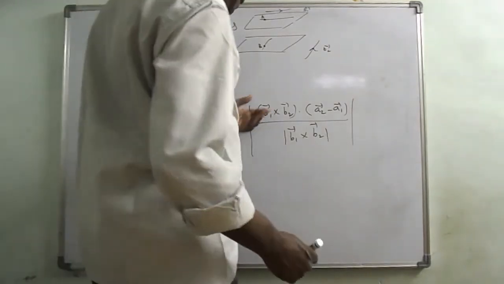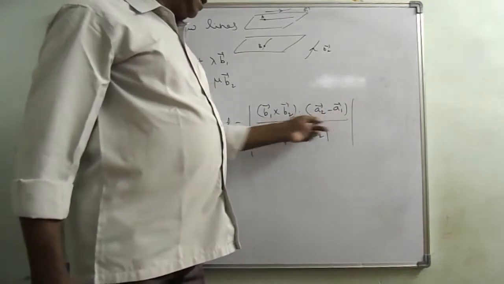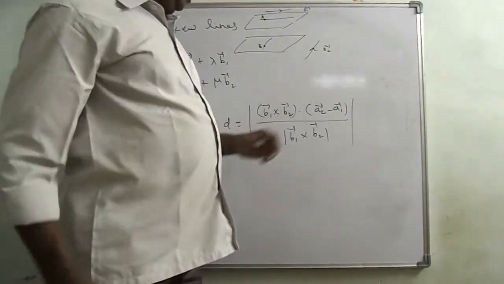In the numerator, it involves both cross and dot. Therefore, we can consider this a scalar triple product, STP.